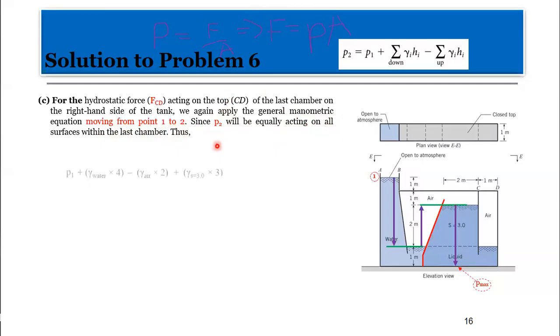Thus, here the P2 is actually the PCD, the pressure acting, that's the pressure of the air, okay?